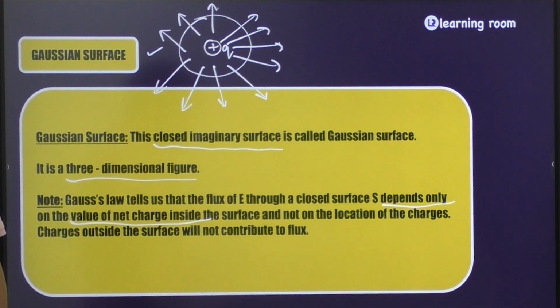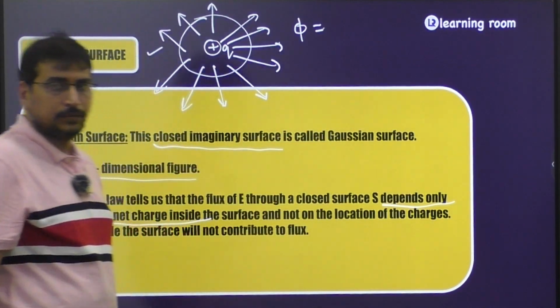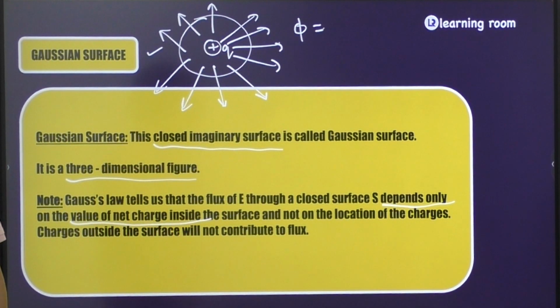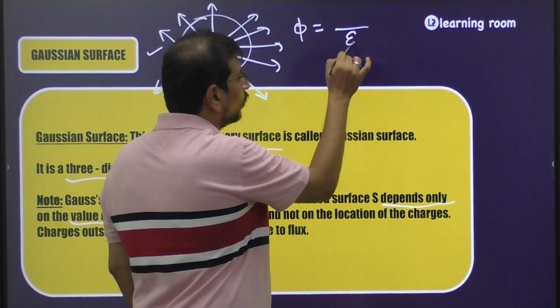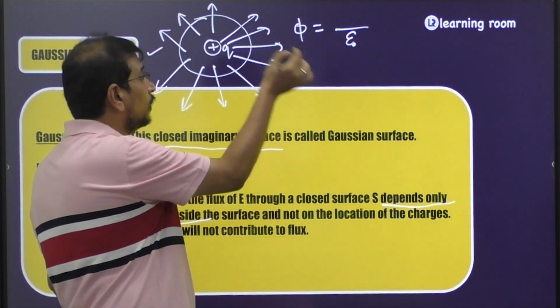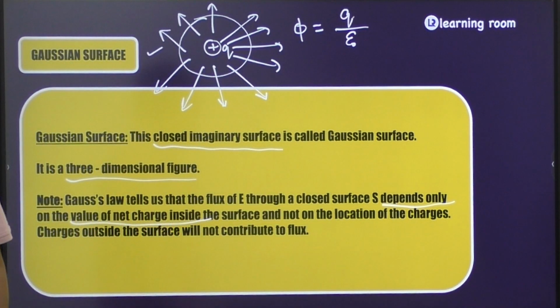If I ask you what is going to be the flux through this, what will you write? Flux through this is 1 by epsilon naught times the total charge present within the surface, which is Q. Done. This is what Gauss law says.